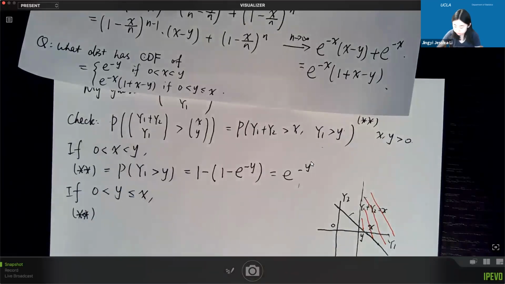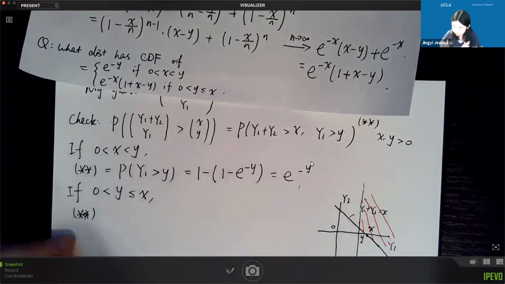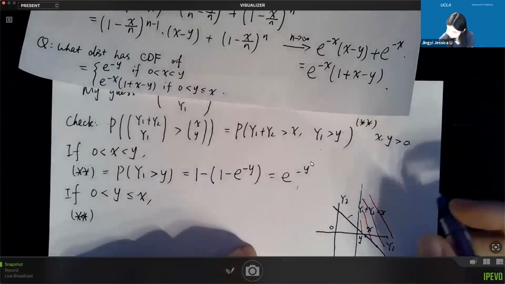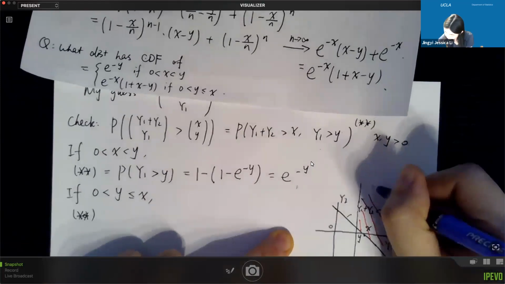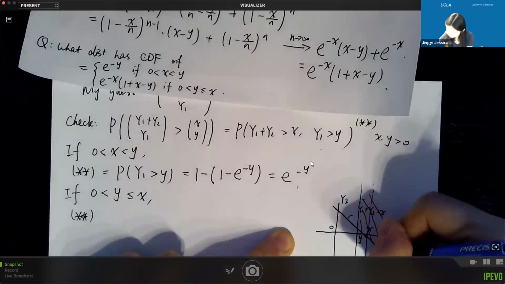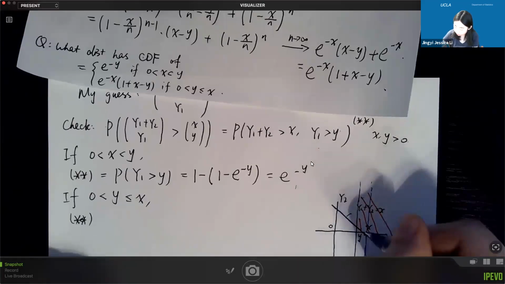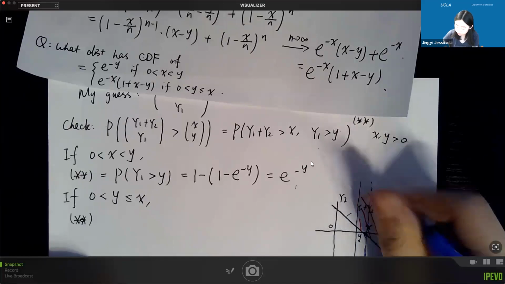So one way to do this is that I can separate the area between y and x. So that is for my y1 between y and x. For this area, my y1 goes from y to x, and my y2 goes from this y1 plus y2 equals x line up to infinity.